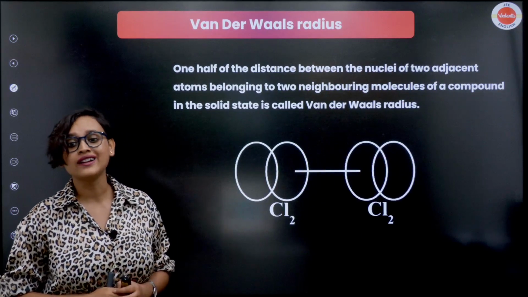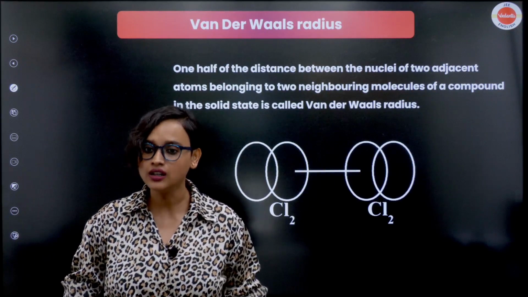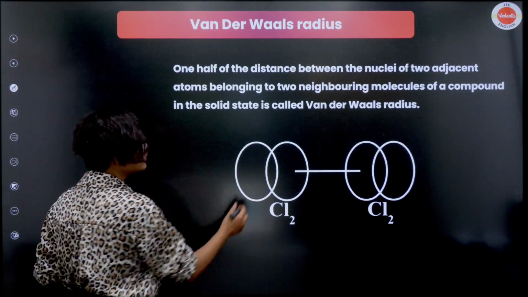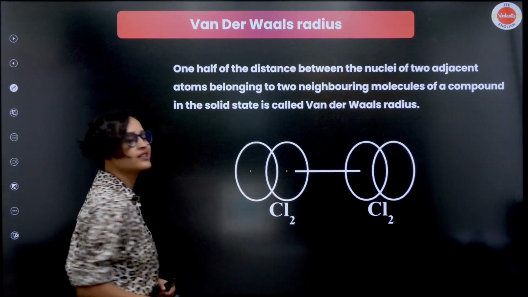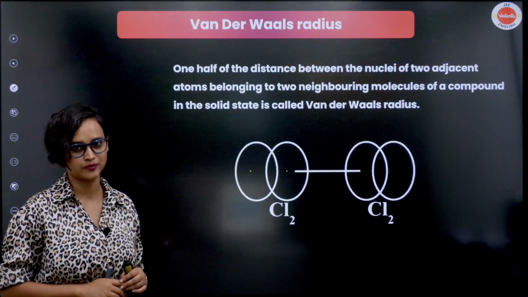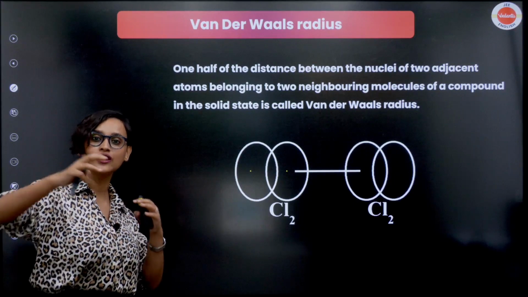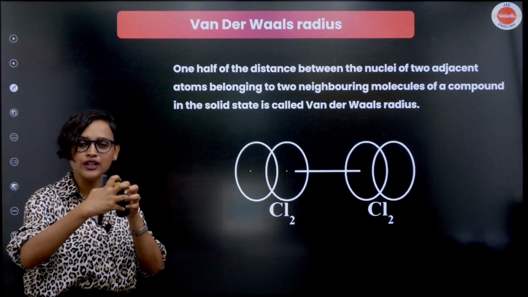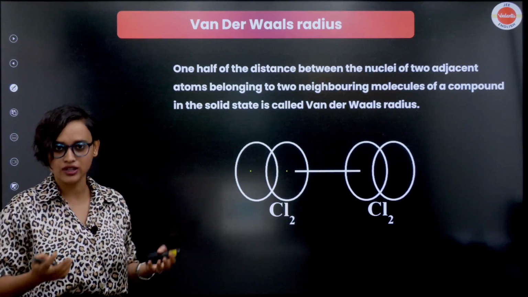But now we come to van der Waals radius. Here you cannot just measure the internuclear distance, because gas molecules are very far away, so you will usually not be able to bring them closer and measure it.